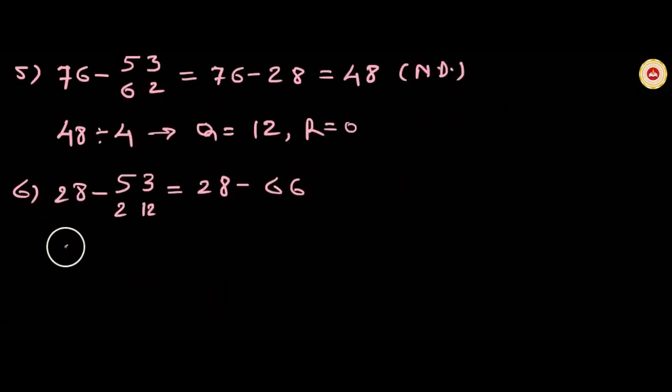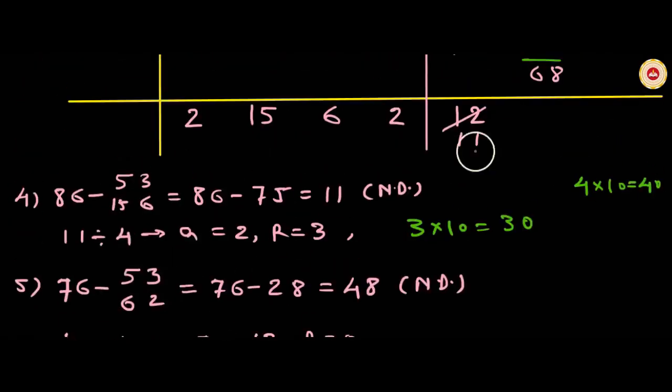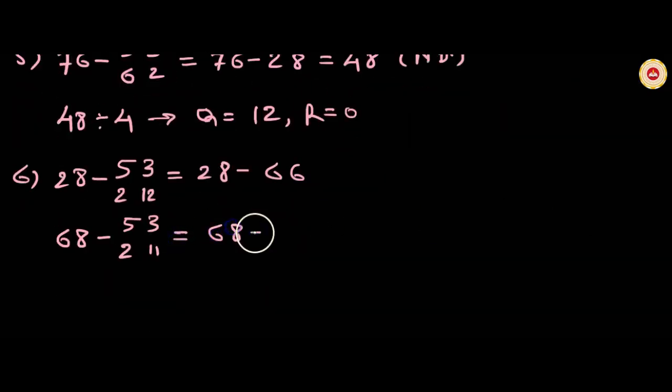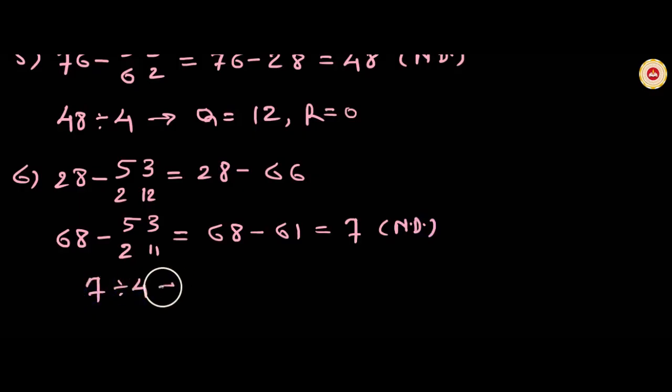Let us repeat this step. 68 minus the cross product of 5 and 3, the two flag digits, with 2 and 11, the last two quotient digits. 68 minus 55 plus 6, which is 61. 68 minus 61 is 7, and this is the net dividend. Divide the net dividend 7 by the actual divisor 4, which gives quotient 1 and remainder 3.